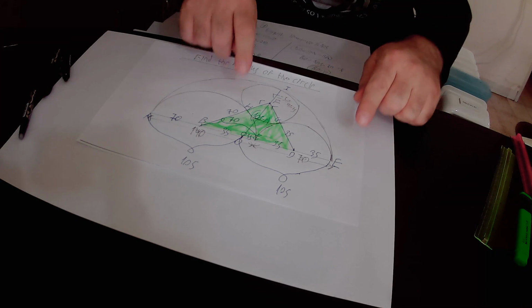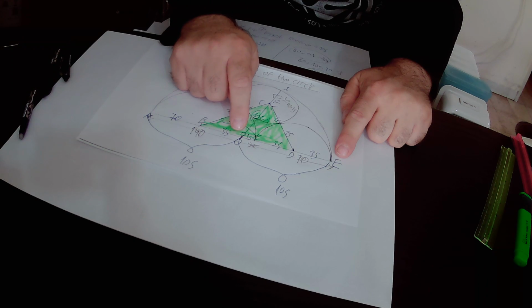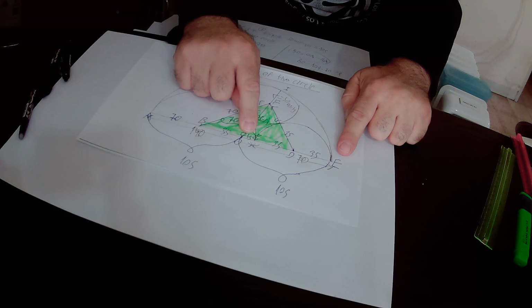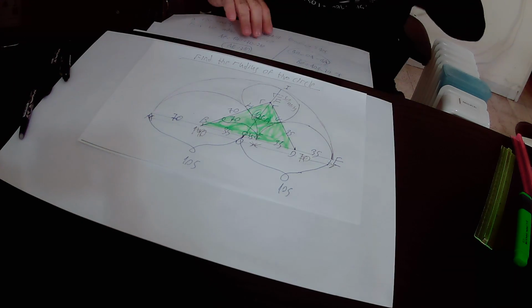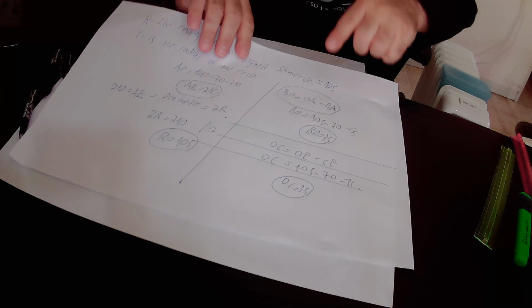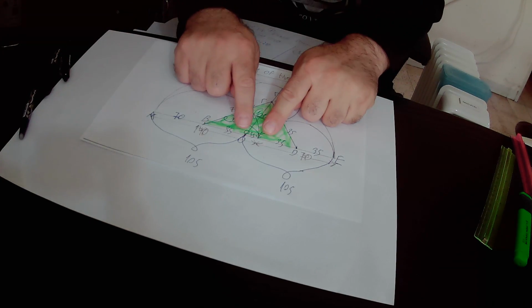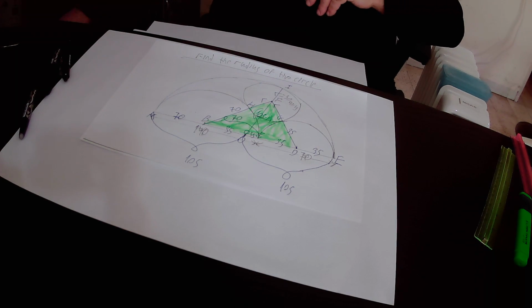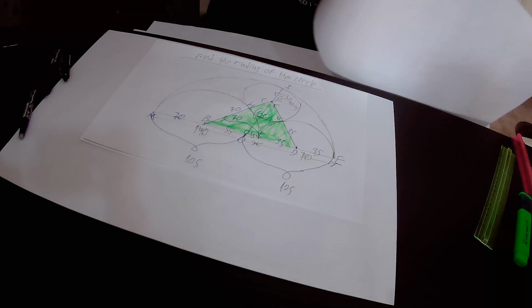OE is the radius of the biggest semicircle, equal to 105 units, capital R. And CE equals 70 units, according to what is given in the question. Therefore, OC equals 105 minus 70, that is 35 units. OC also equals 35 units in length. Then I presented to you two new rules, and we implemented the two new rules in our drawing.